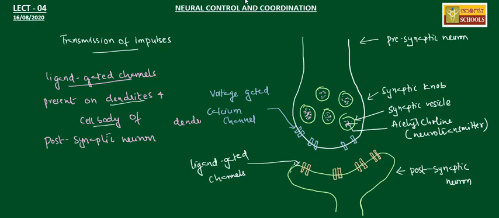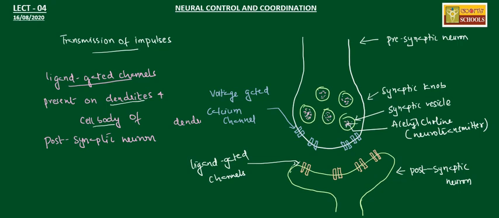We have seen that on the axon we have voltage gated potassium and sodium channels. Here especially you will have voltage gated calcium channels.